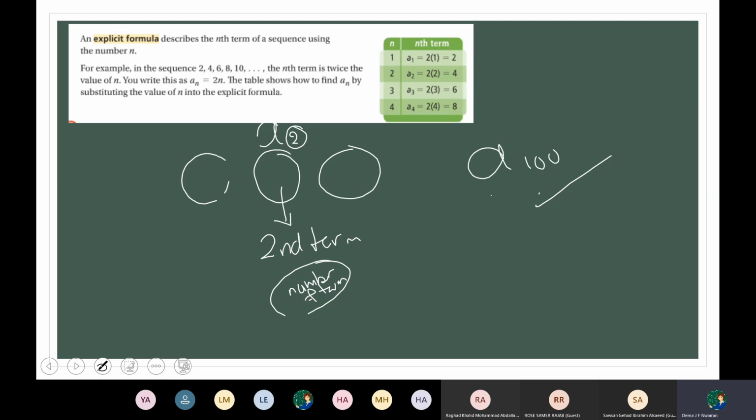As an example, here it describes the relation between the term and the number of the term. And the third thing is that I don't need an initial value to start with. This is the explicit formula.